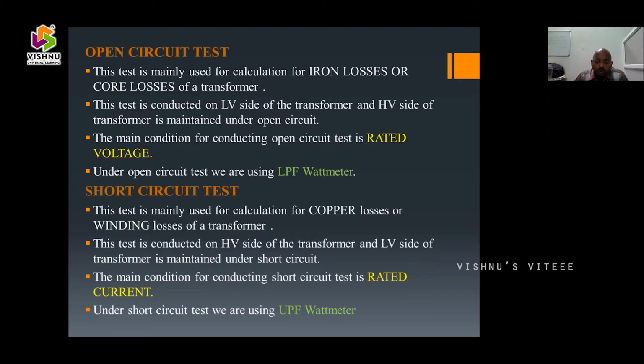So the power factor of the transformer is approximately unity. That's why a unity power factor wattmeter is preferred for the short circuit test. These are the main important points for implementing the tests on the transformer.